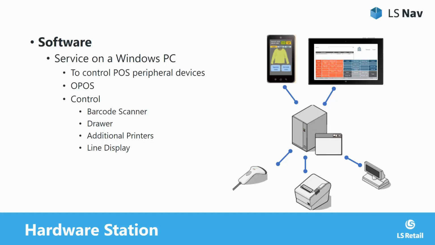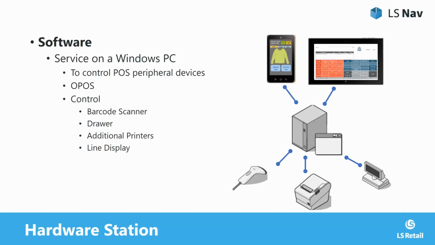So the tablet there communicates to the service on the Windows machine, which then collects the input from the scanner or asks you to print. So you could have one of these with devices and have 3 tablets, for example, running on top of that.